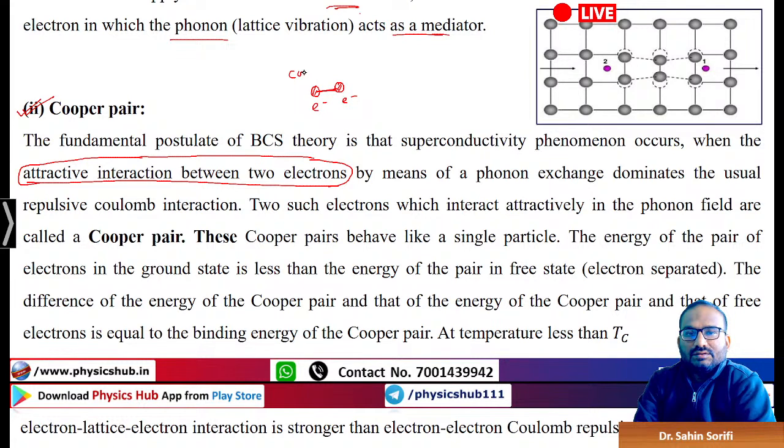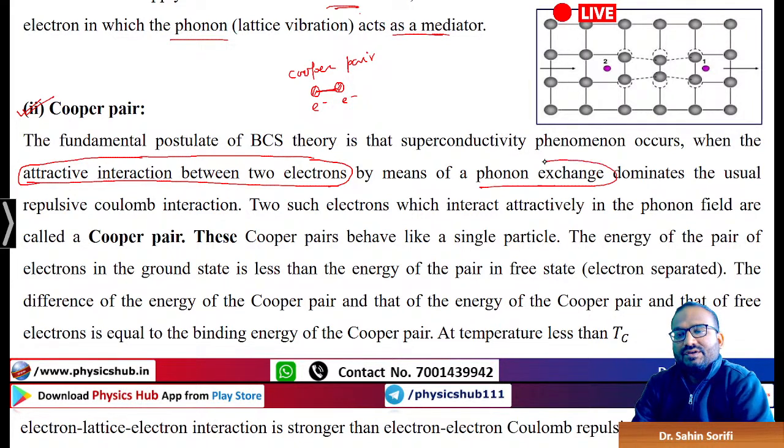This is known as a Cooper pair. The attraction happens via phonon exchange, which dominates the usual repulsive Coulomb interaction. Obviously both are negatively charged, so they should repel, but if the phonon exchange dominates this repulsion, they stick together and form a Cooper pair.